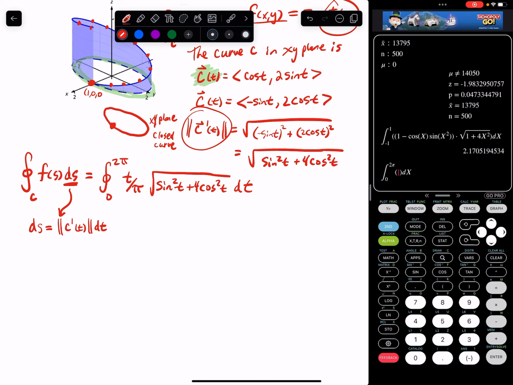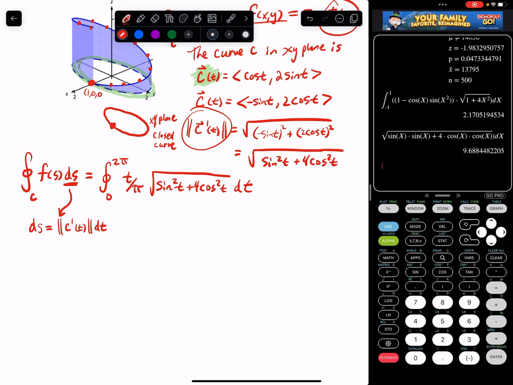I have x, I'm going to use x instead of t, divided by pi times the square root of sine of x times sine of x for sine squared, and then plus 4 times cosine x times cosine x.